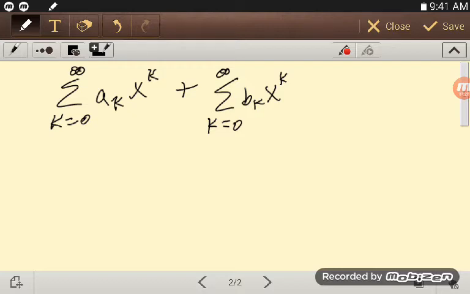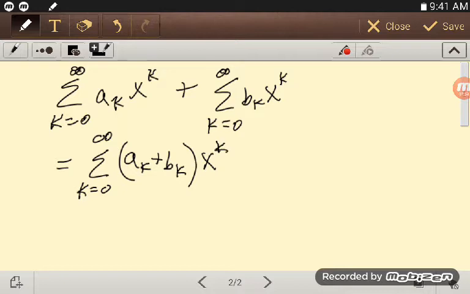As you add these together, I have x to the k, x to the k, and they both start at 0. So in a situation like that, I simply take k equals 0 to infinity, combine the terms, so I have a sub k plus b sub k, using the distributive property, right?